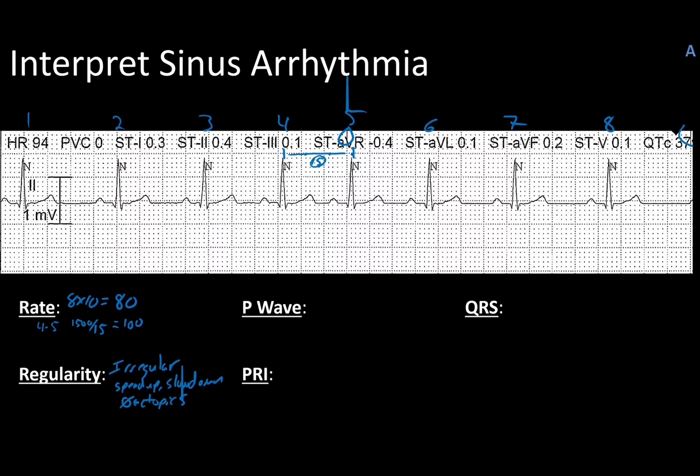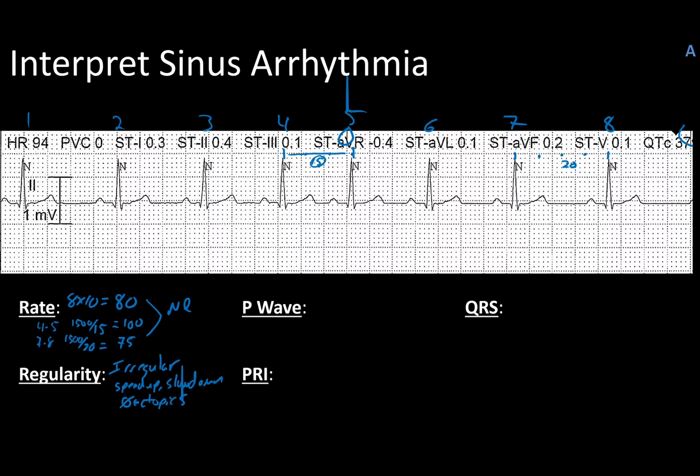And then I'll measure way out here on these far ones, where I've got 7 and 8. And that is a situation where I've got 5, 10, 15, 20. And so 7 to 8 is 75. Regardless, this is all a normal rate. It's not too fast, too slow, anything like that.